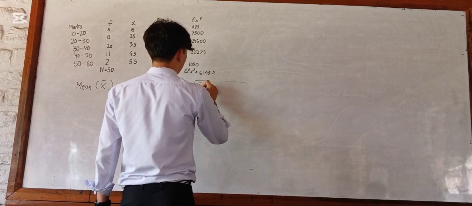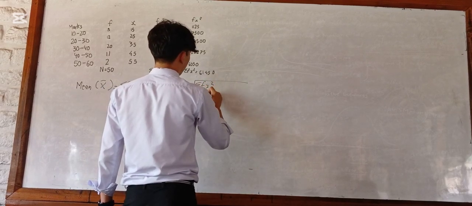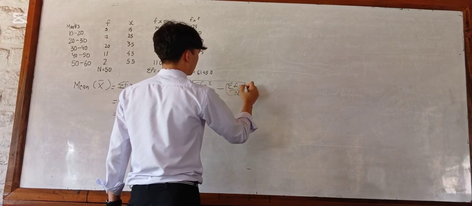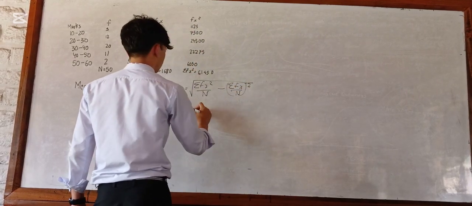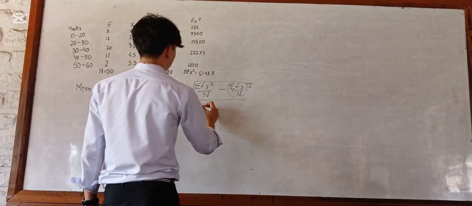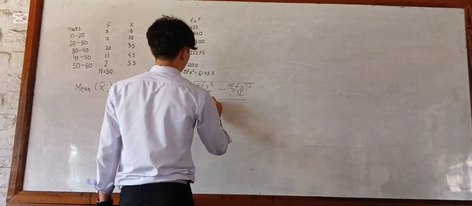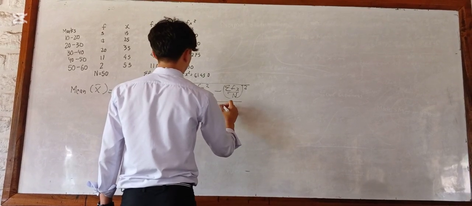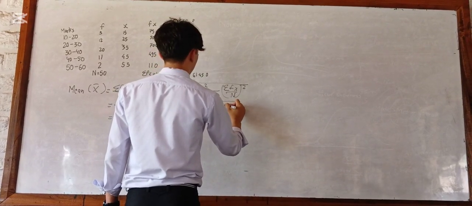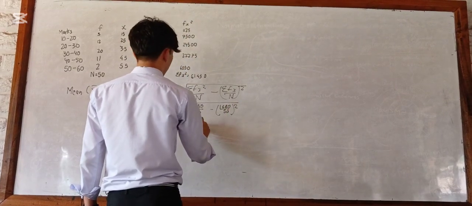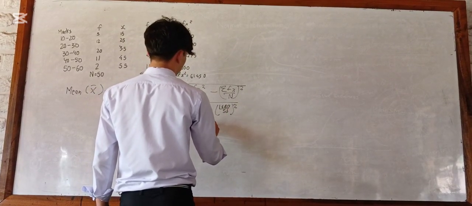The formula is the square root of summation fx squared by n minus the square of summation fx by n. And the standard deviation is 10.002.